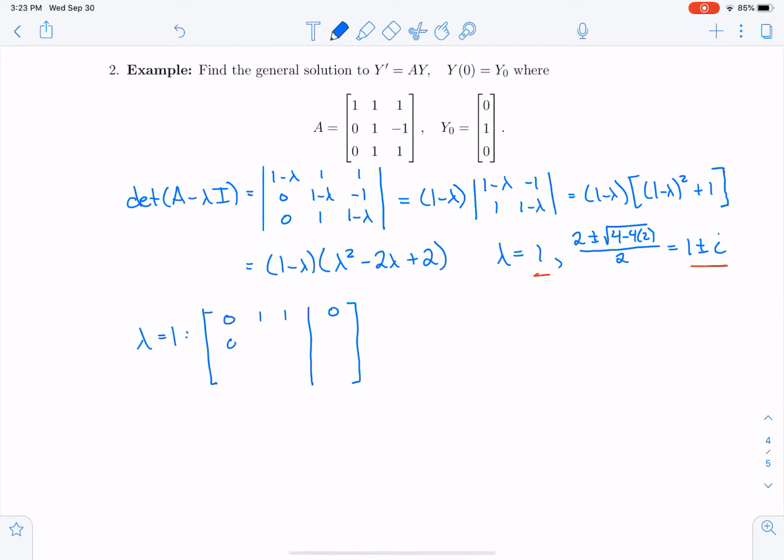Then I'm going to get 0, and when I subtract off 1, I'm going to get 0 and negative 1. And then I'm going to get 0, 0, 1, 0. Okay, so this is the matrix that I have to work with, and I want to row reduce that matrix.